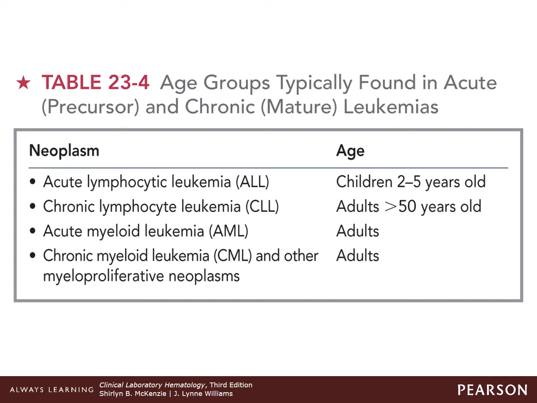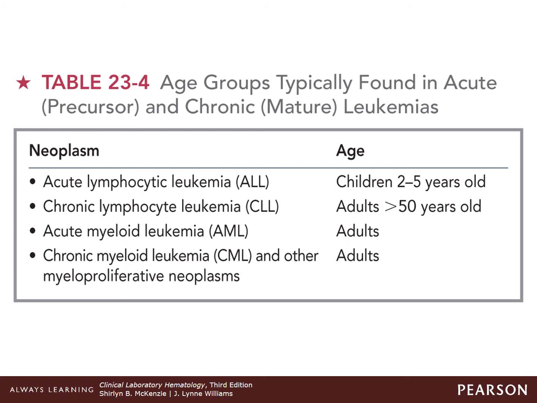Now, the age groups of acute versus chronic leukemias need to be addressed because you need to identify what cells are more common in which age groups. So if you're seeing children at the ages of 2 to 5 come in as a type of leukemia, you know that the majority of their cells are lymphocytes, so the majority of the cases seen in this age group are acute lymphocytic leukemia types.